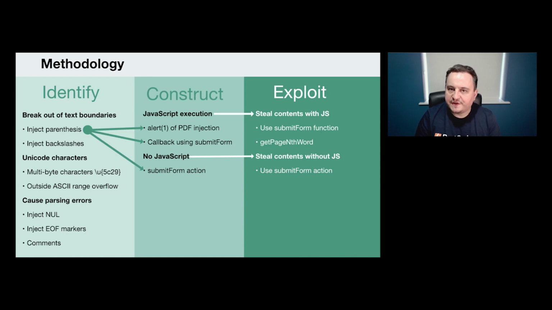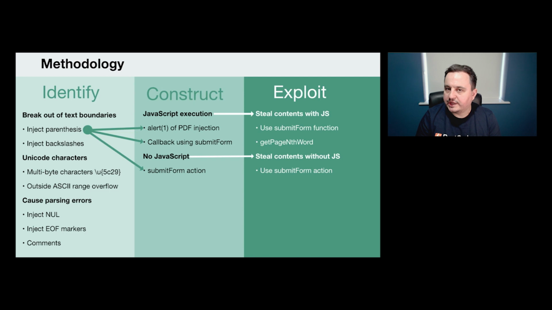Once you've identified that the library is vulnerable, you can try to find a site that uses this library. Then you need to construct a PDF from the injection that has a callback, either by calling alert 1 if you know the structure of the PDF and you can render it, or by using the submit form function, which would post to an external URL.